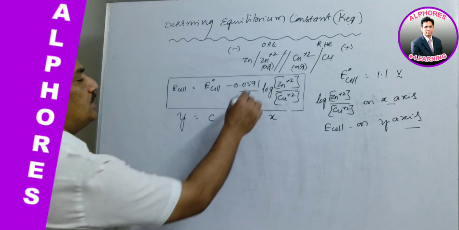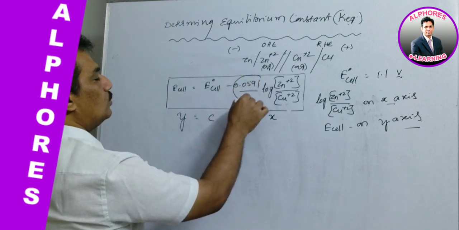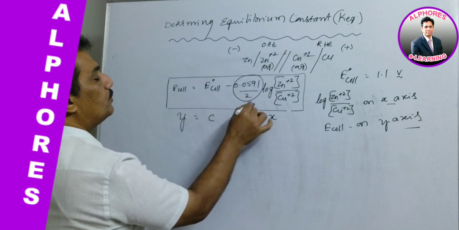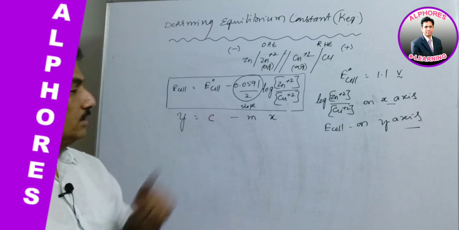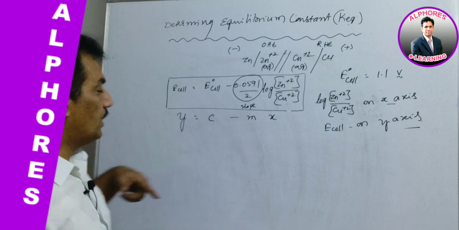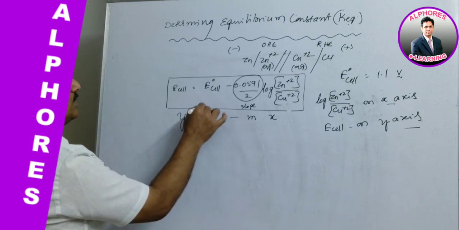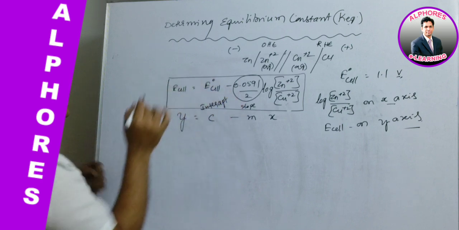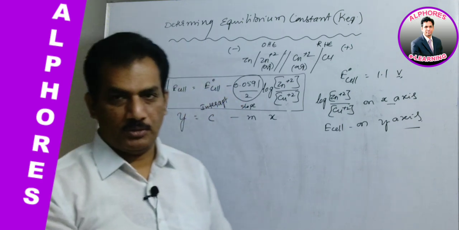Here this value is slope. It is with a negative sign, and hence it is negative slope. C is intercept, that is E naught. It is an intercept.